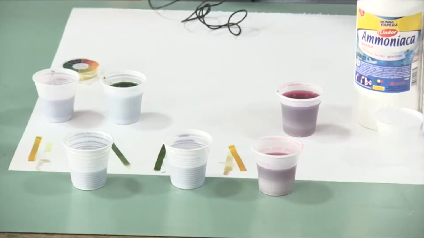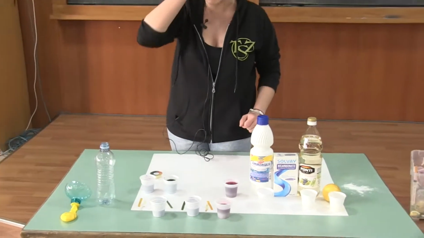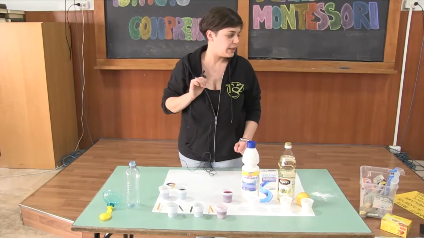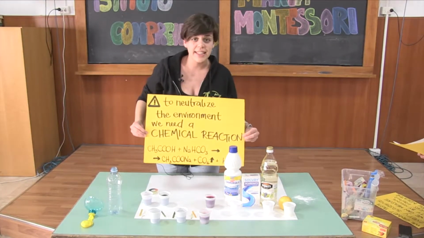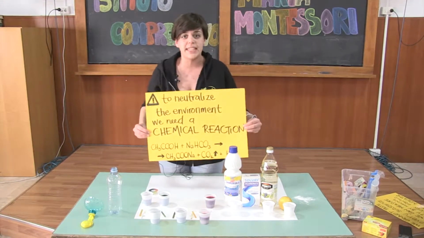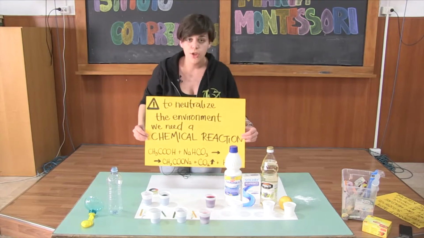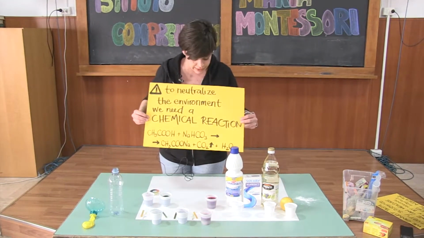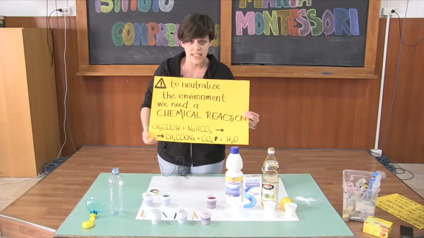So it means that by mixing acids and basic substances, we can go back to a neutral equilibrium. So we have seen that by mixing acidic and basic substances, we can go back to a pH equilibrium. So the final thing that we can learn is that we need a chemical reaction to neutralize the pH.